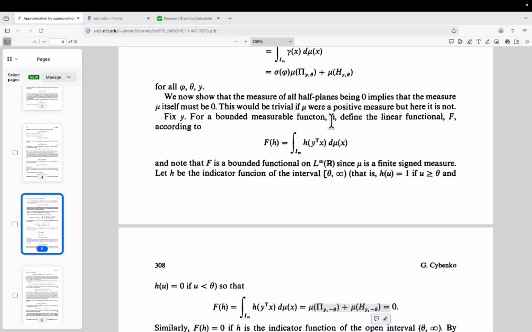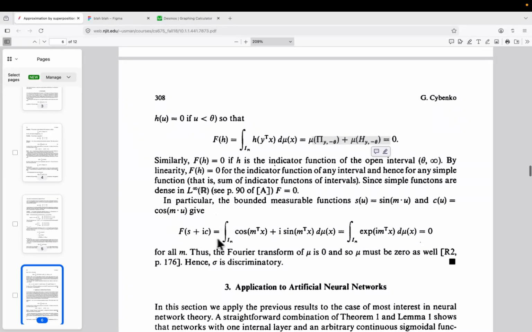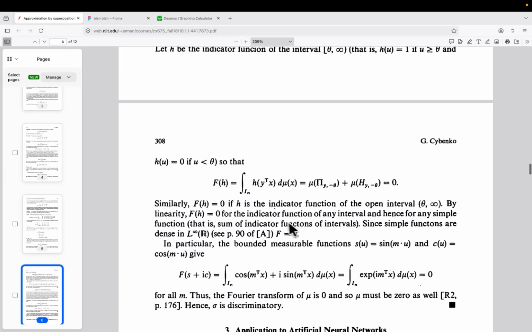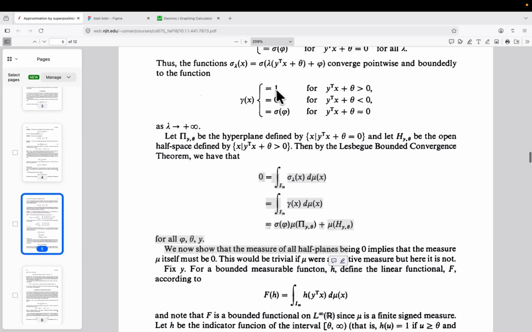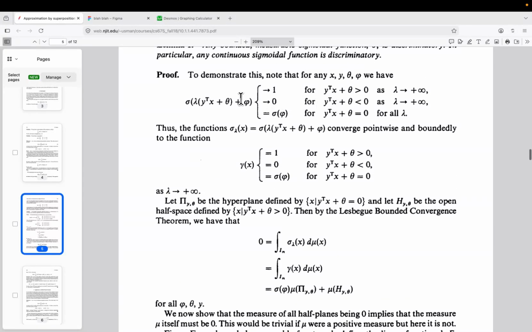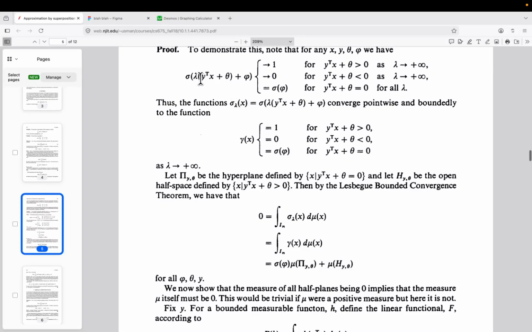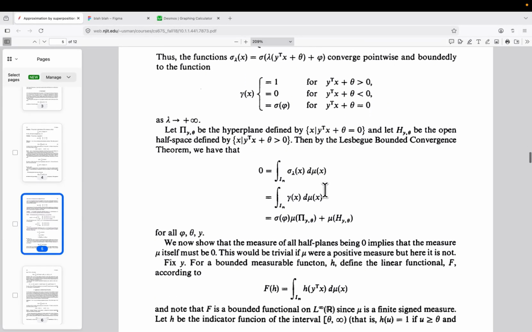We're saying that for any indicator this works, and because it works for any indicator, this is essentially the indicator itself, and this is the same as this one. So this is why the sigmoid is discriminatory. I think that's the point.